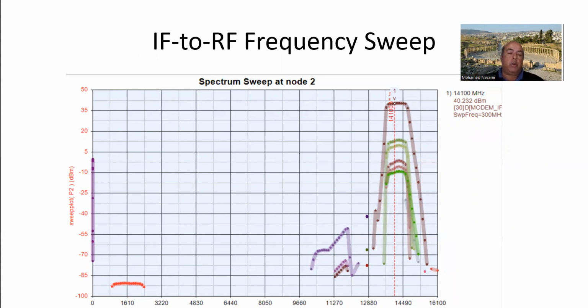And so this is looking from 0 to 16 gigahertz. We're looking at all the systems, and we can see there's the DC, because I don't have any DC blocking on the mixer. At the system level, that's okay, of course.